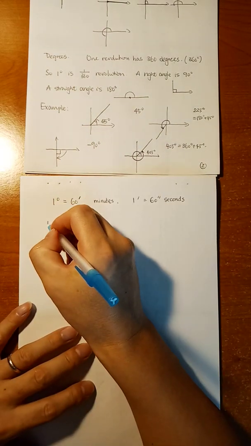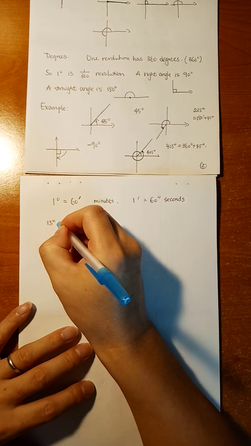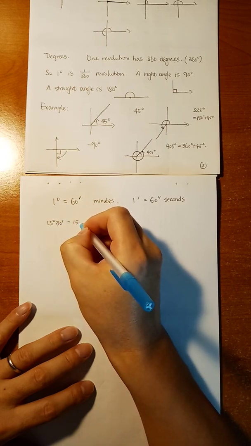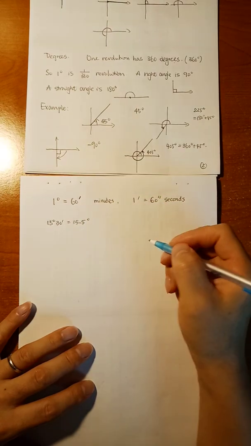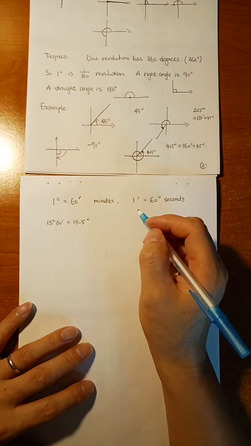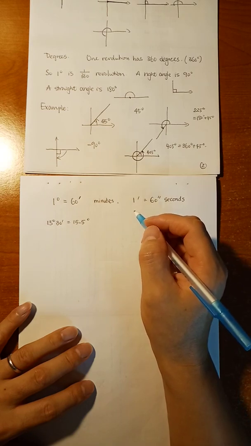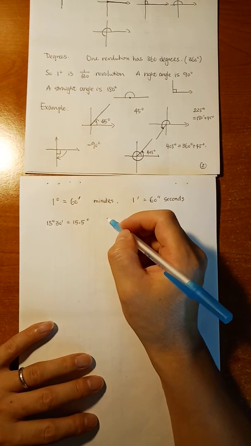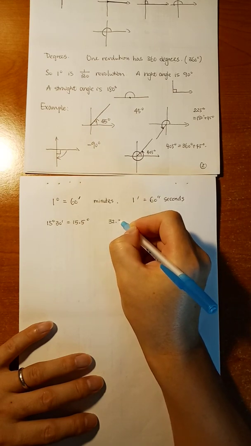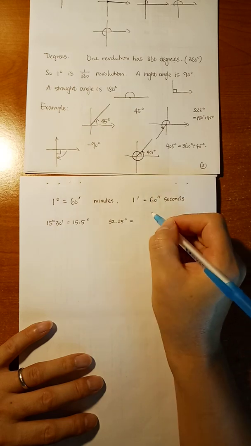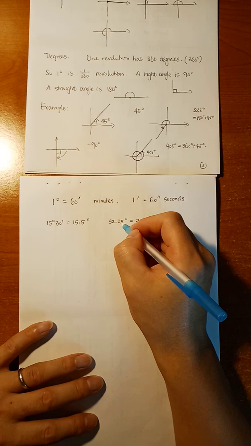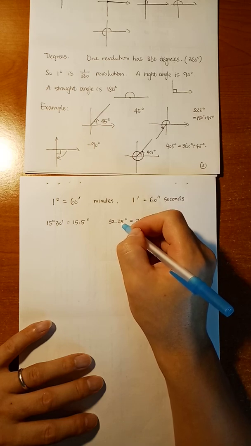So if you have 15 degrees 30 minutes, it is equal to 15.5 degrees, because 30 minutes is 0.5 degrees. And if you have 32.25 degrees, 32 degrees is 32 degrees. 0.25 is a quarter.